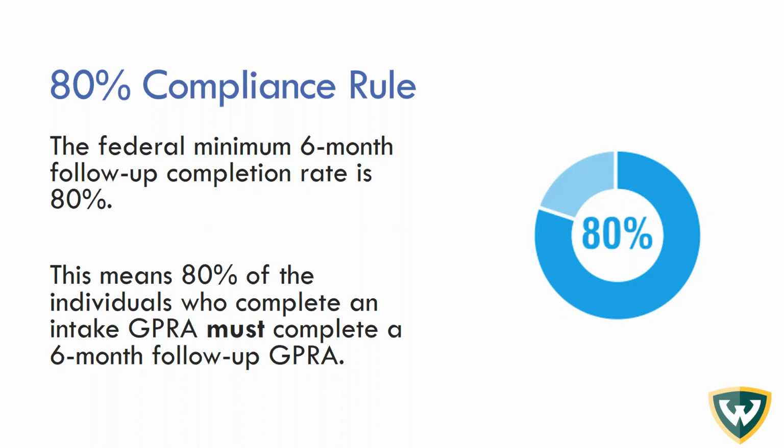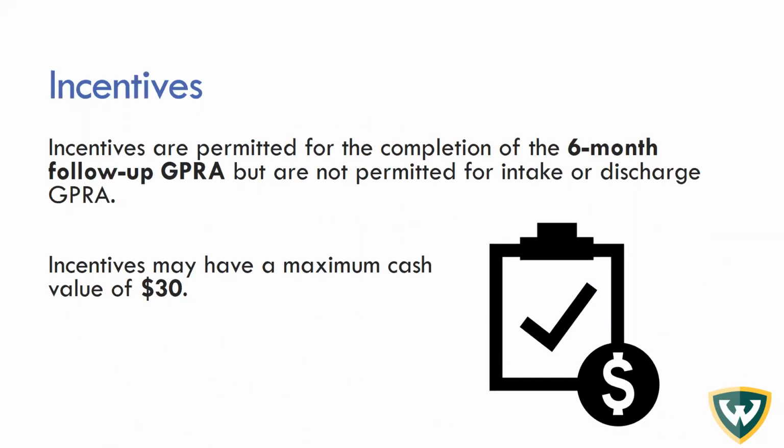This slide is, again, just a reminder of the 80% compliance rule, why it's so important that we're emphasizing the 6-month follow-up interviews so much. It's because completing 6-month follow-up interviews is what determines future funding. So the first thing that SAMHSA allows for to facilitate the 6-month follow-up efforts is the incentive, which I mentioned earlier.